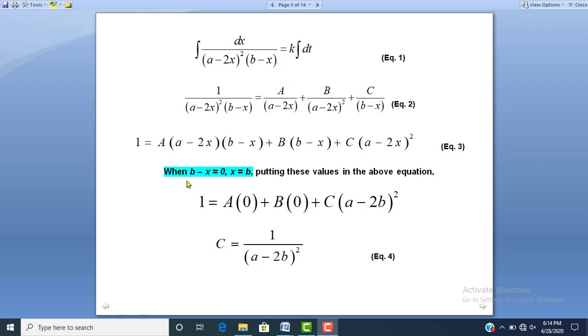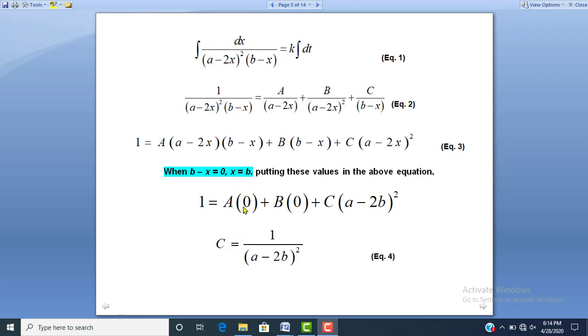So when we take this x equal to b, this equation will become 1 is equal to A into this whole part will be equal to 0, this B will be multiplied with 0, and C will be C into (a minus 2b) square. So 1 is equal to A into 0 plus B into 0 plus C into (a minus 2b) square, and this value has been obtained when we take the term b minus x is equal to 0, so x is equal to b.